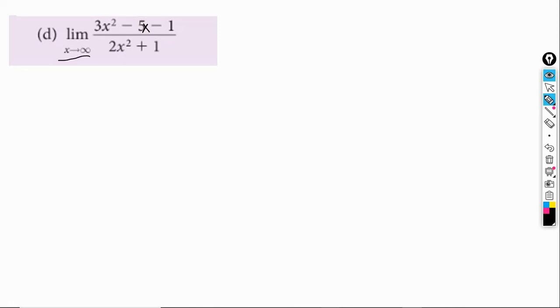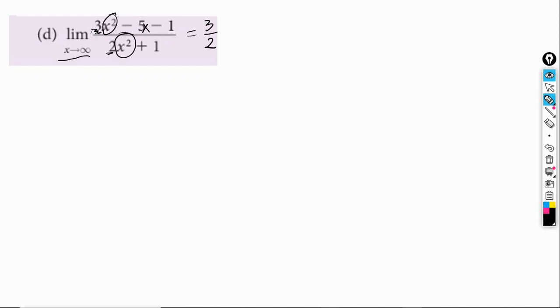And the rule was that if you had x's with the same exponent, then all you had to do was grab the coefficients of those x's that had the highest degree and were the same. So this will simply equal 3/2.